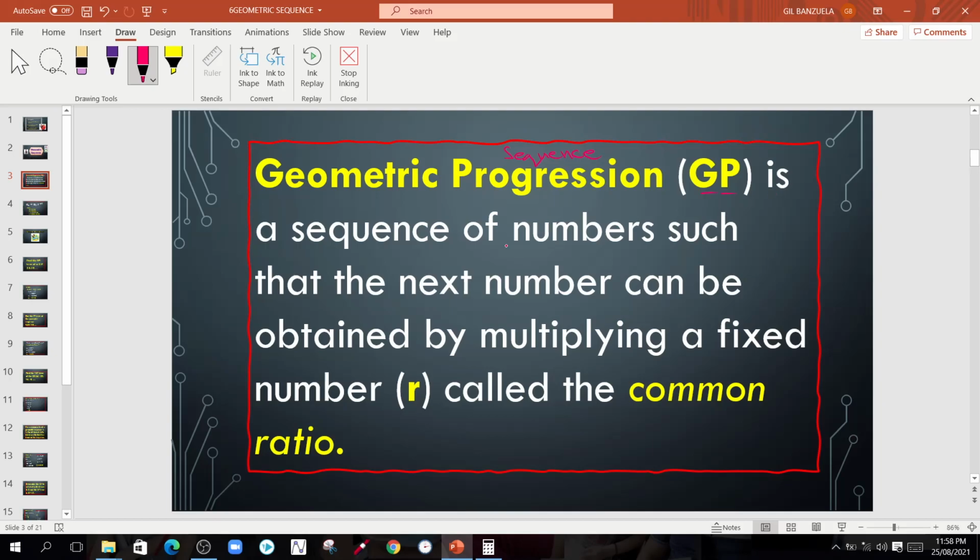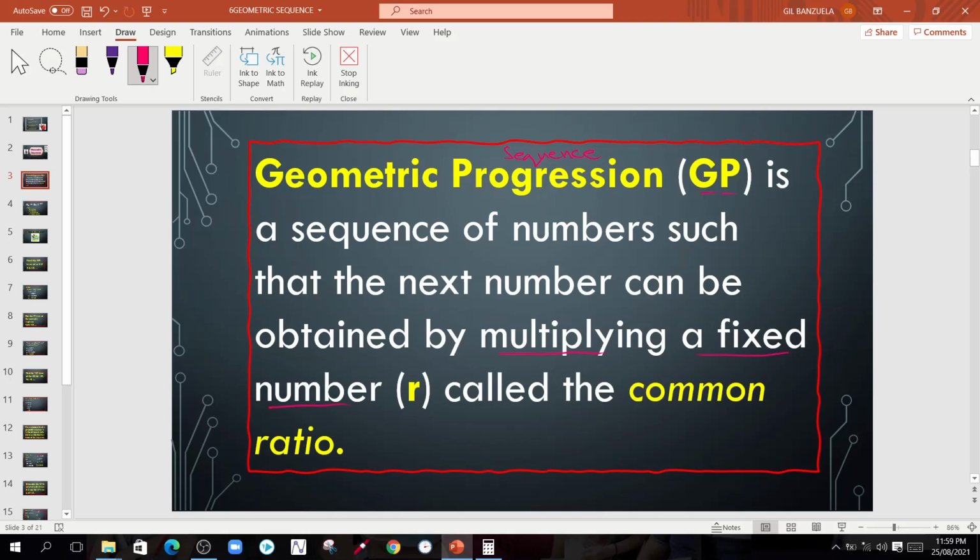It is a sequence of numbers such that the next number can be obtained by multiplying by a fixed number. If you could recall, yung arithmetic sequence natin na topic, ang ginawa natin doon, we obtain the next number by adding a number.